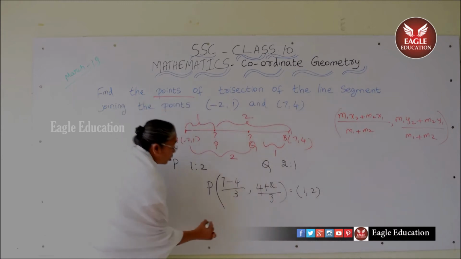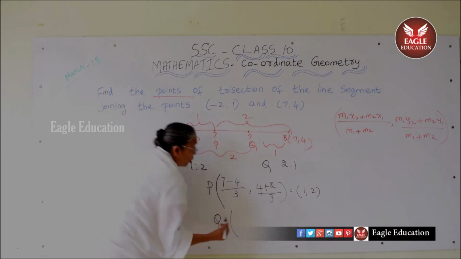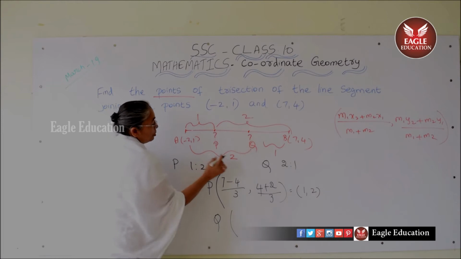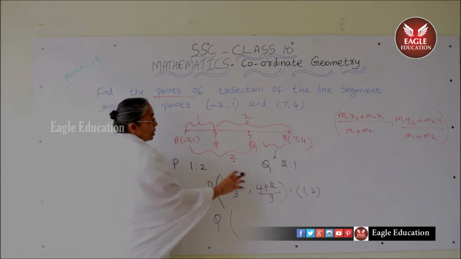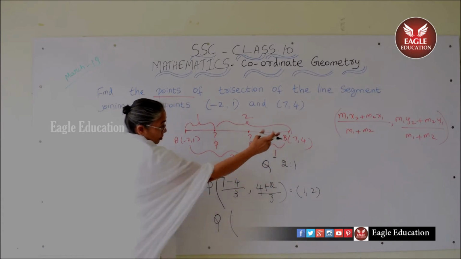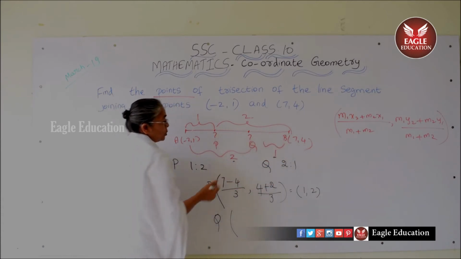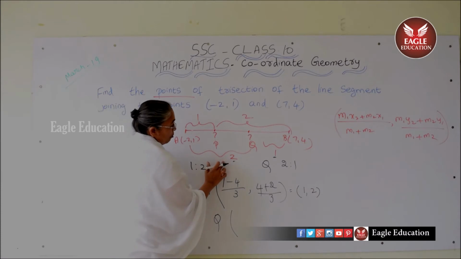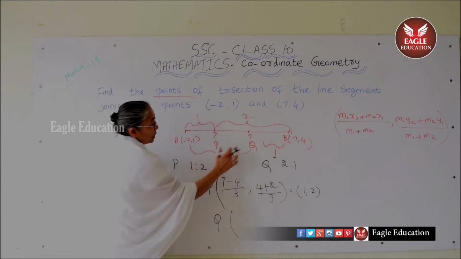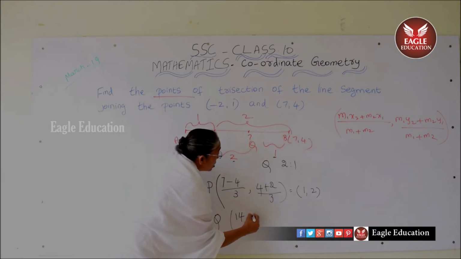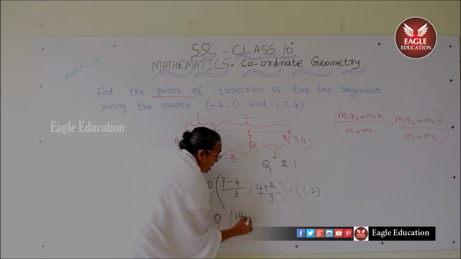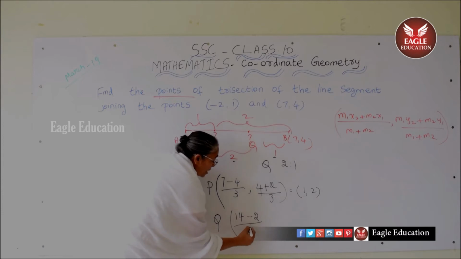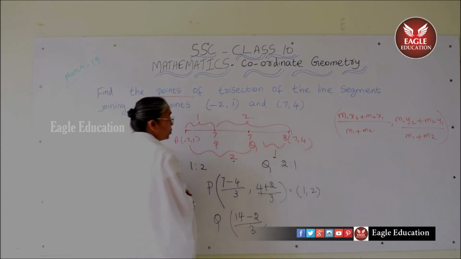Now let us find the coordinates of Q. To find the coordinates of Q, the m1:m2 ratio is 2:1. So using the 2:1 ratio and the same formula, and the points (x1, y1) and (x2, y2) are also the same. So m1 x2, 2 times 7, 14, plus 1 time of minus 2. So 14 minus 2 divided by m1 plus m2, again 1 plus 2, 3.